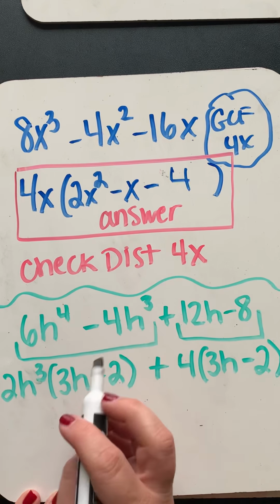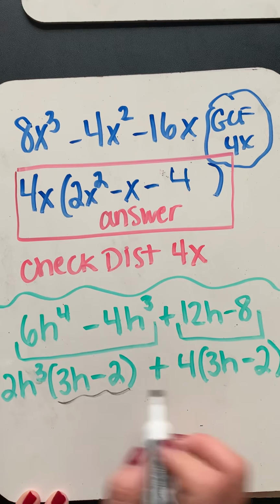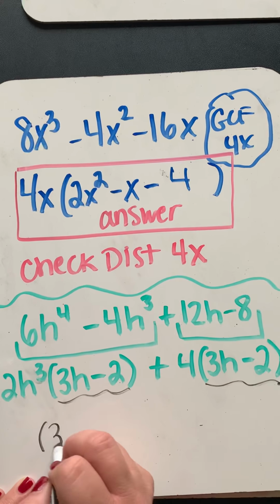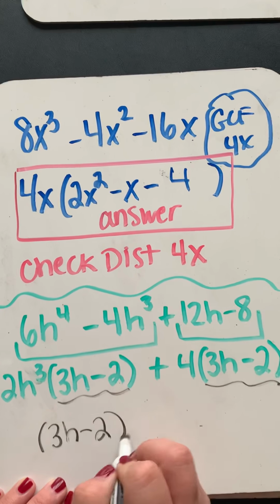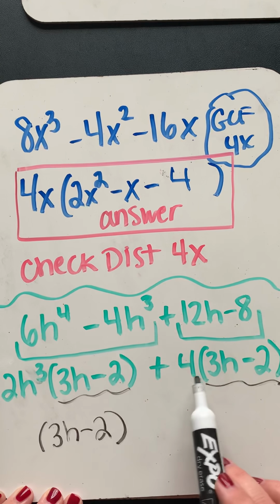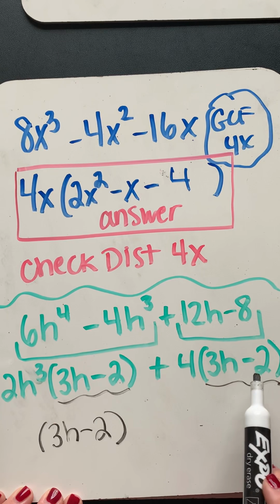The stuff left in the parentheses for both of these is the same. So I can pull out 3h minus 2, which is like the GCF for the whole problem. I move that to the front and divide each part by 3h minus 2.